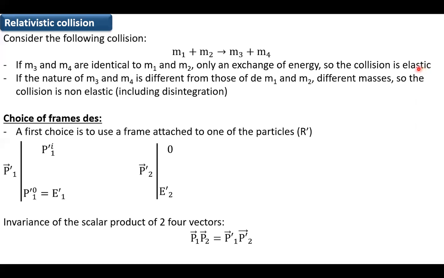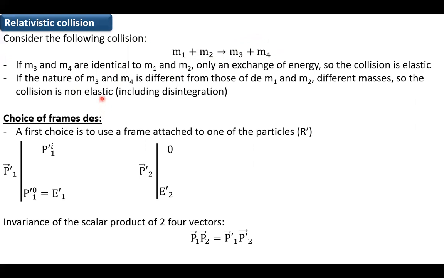The masses are the same, and we only have an exchange of momentums and energy. So M1 plus M2 will give you, let's say, M1 prime plus M2 prime, of course with a different momentum and a different energy for each particle, but the sum is conserved. And the masses are conserved, so you have the same particles before and after collision. This is the elastic collision.